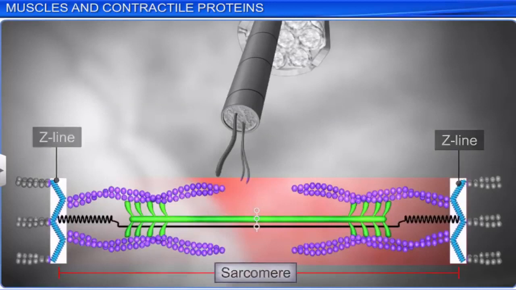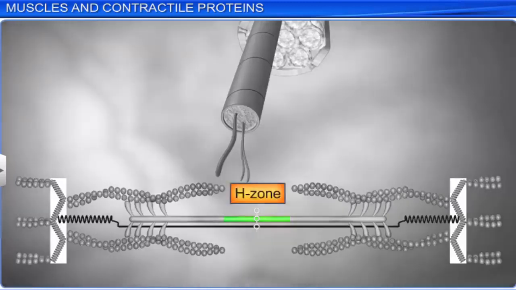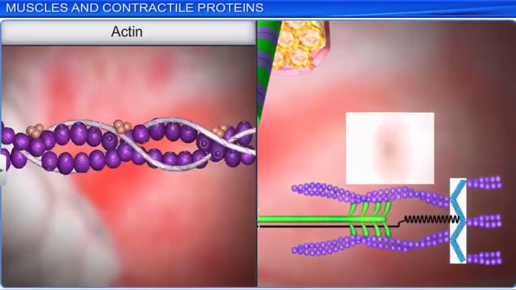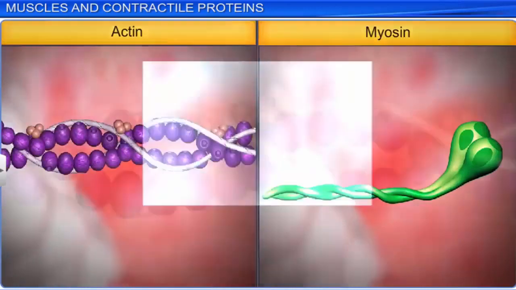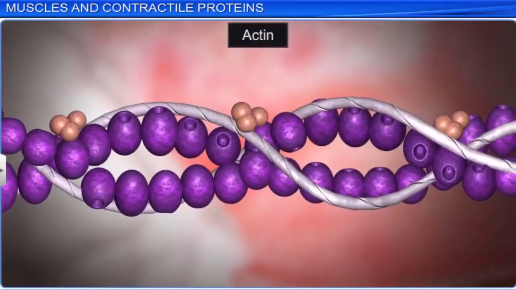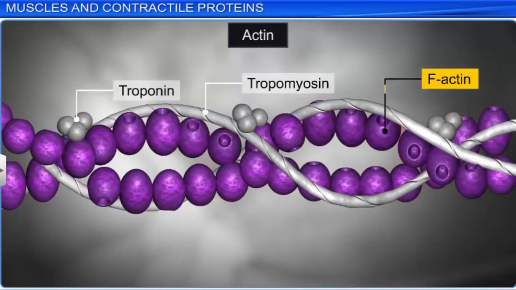At rest, the ends of the thin filaments partly cover the ends of the thick filaments, leaving the central part of the thick filaments uncovered, which is called the H zone. The biochemical study of the two proteins, actin and myosin, shows that both have a complex structure. Each actin or thin filament consists of two F or filamentous actins helically coiled to each other.